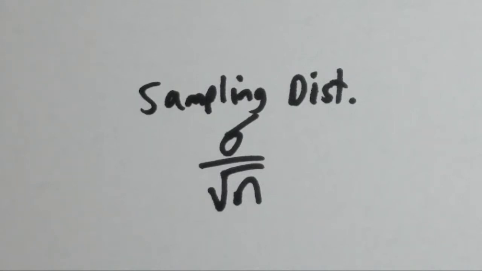The larger the sample size, the smaller the sampling distribution's standard deviation. The larger the sample size, the smaller the variability. Remember, standard deviation is a measure of spread. It shows you how much the data varies on average. If you have a larger sample, like 100, you're going to be dividing it by a larger number compared to 25.